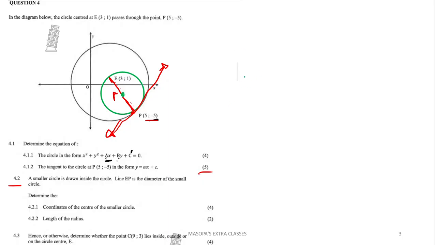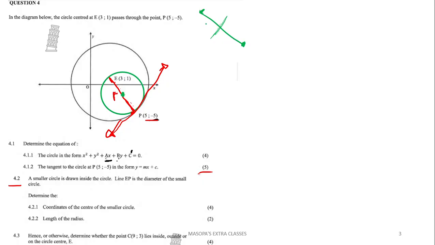We can see that we have 2 points, meaning that we have E on the circumference of the circle, and we have another one which is P, (5, -5). So we have a point here and a point here, and remember that the center is like the midpoint of the two, the midpoint of the radius of the bigger circle.